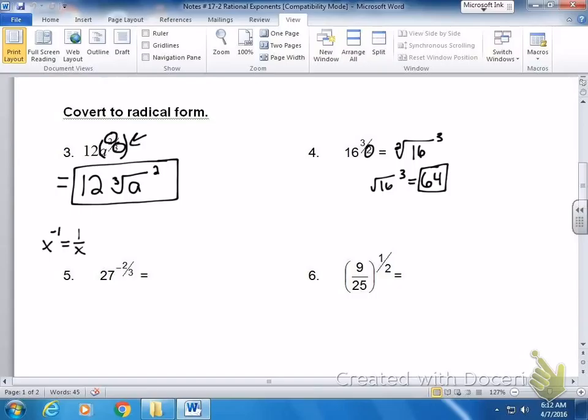So if it's in the numerator, I move it to the denominator, and the exponent becomes positive. If it's in the denominator, I move it to the numerator, and the exponent becomes positive. So I have 27 to the -2/3. I'm going to go ahead and rewrite that. I'm going to put my 3 out front, roots of 27, but that's to the -2.